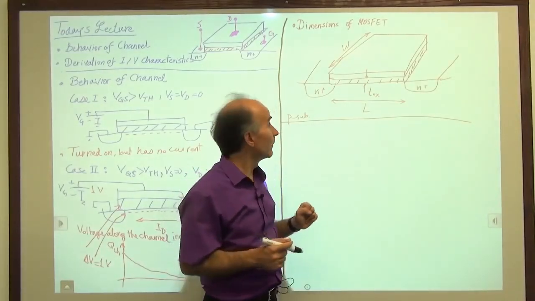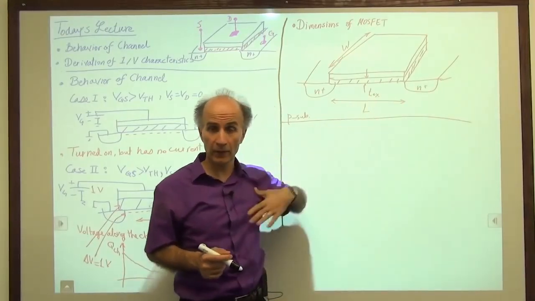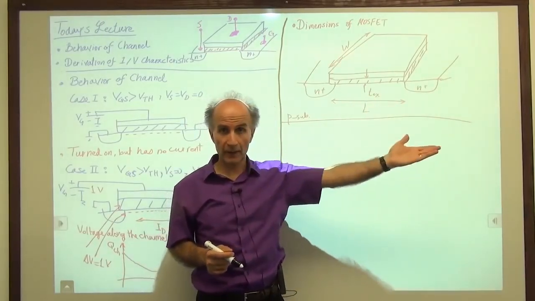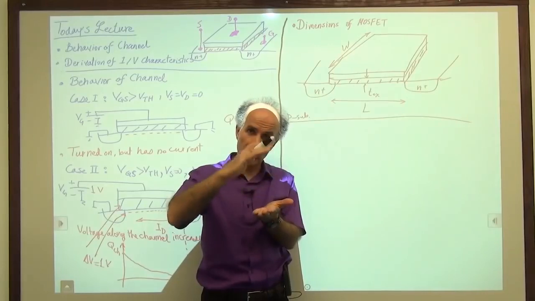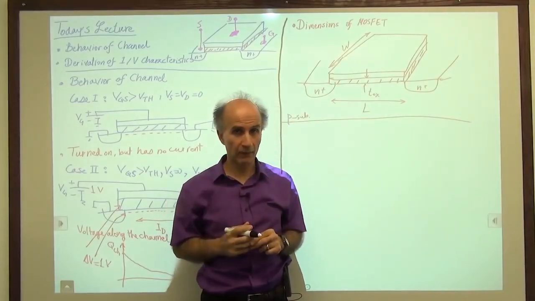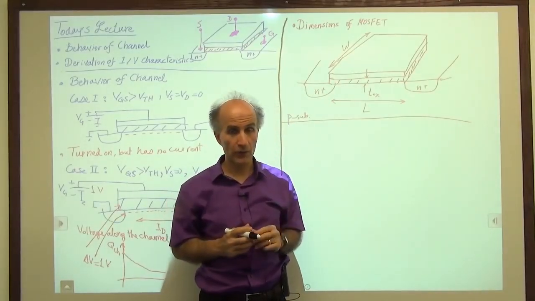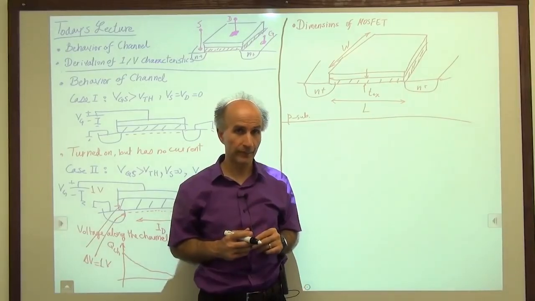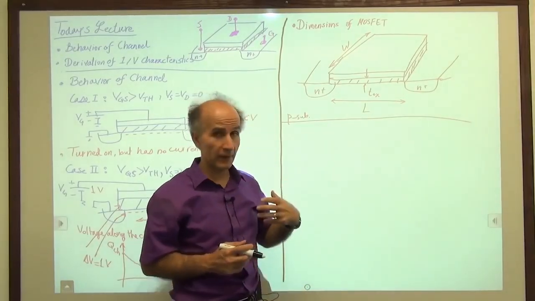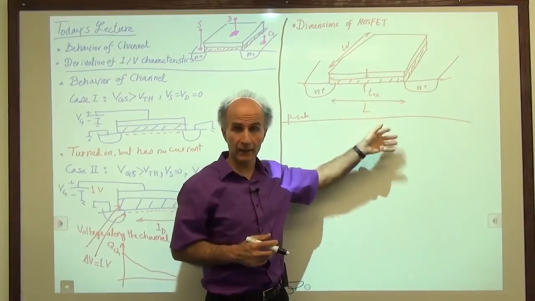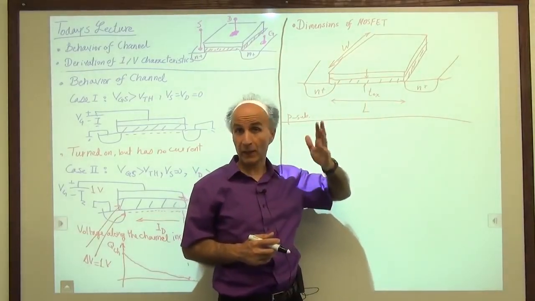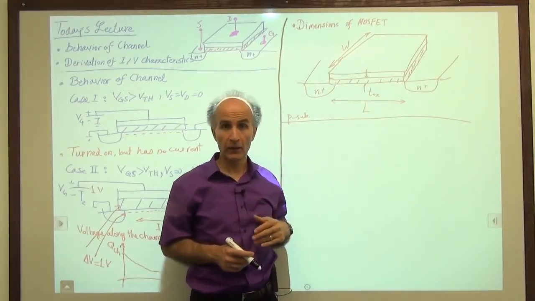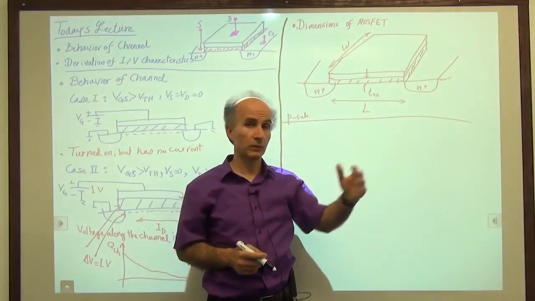But the oxide thickness is not under my control, because the chip is fabricated with a certain thickness of oxide, and that's the value given to me. So those I cannot change. The circuit designer can choose W and L, and we will see that W over L plays a critical role in almost everything we do from now on.